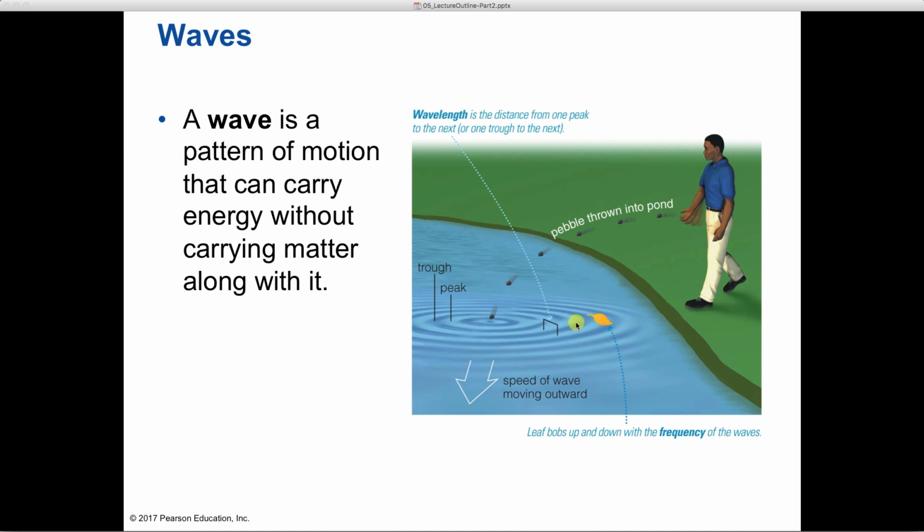Then we can also think about something called the frequency of a wave. If you were sitting at a particular point, like where this leaf is located, and you watch the wave go by, the wave would go by a certain number of wavelengths every second. That's the frequency. Or, how many times does this feather go up and down every second? That's the frequency of the wave. We'll look at those terms again in a moment.